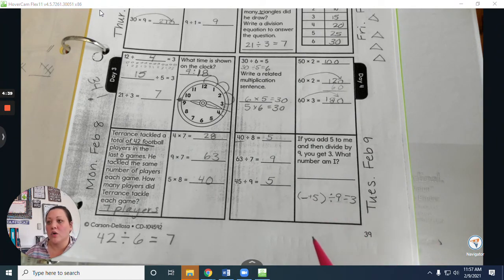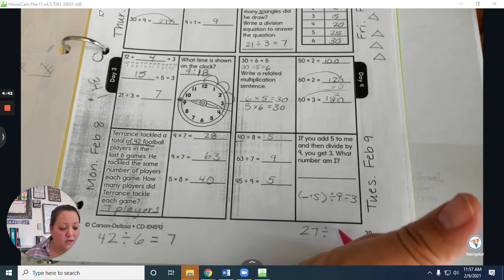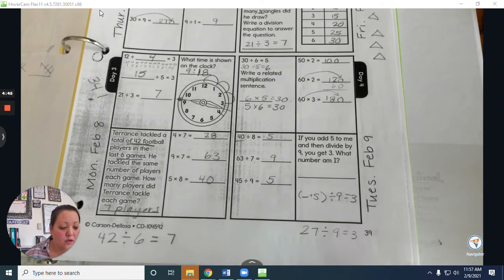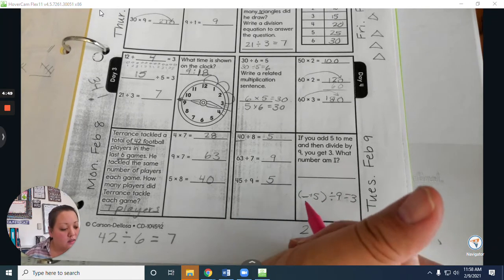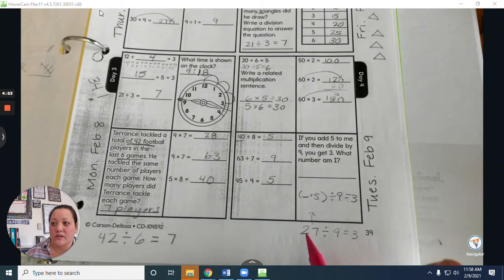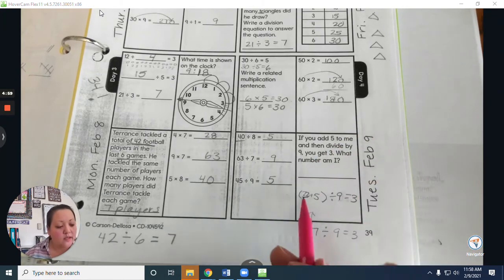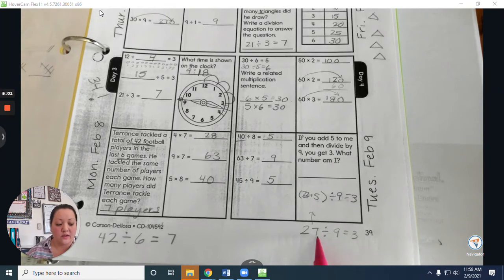Well, I know that 27 divided by 9 equals 3, right? So this equation up here must be equal to 27. So if I have something plus 5, it must be 22 plus 5, which would equal 27, divided by 9 equals 3.